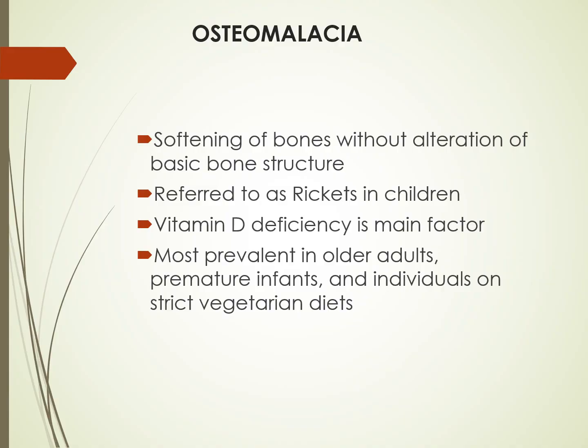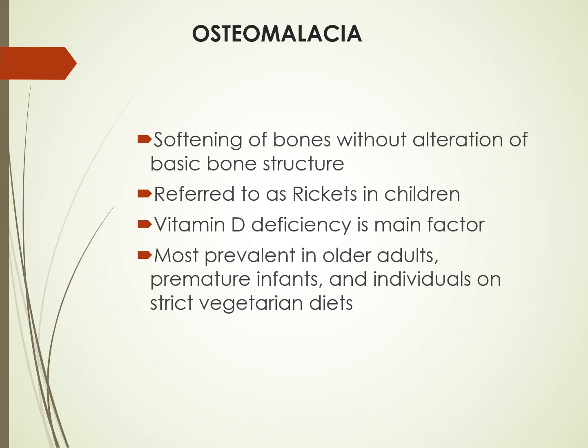Okay, so osteomalacia, as I said, is a softening of the bone. The underlying basic bone structure is there, but the laying down of proper calcium into the bone matrix isn't there any longer because of a vitamin D deficiency as an adult. And this can occur in older adults that have really poor intake of vitamin D, or they don't get out in the sunlight very much.